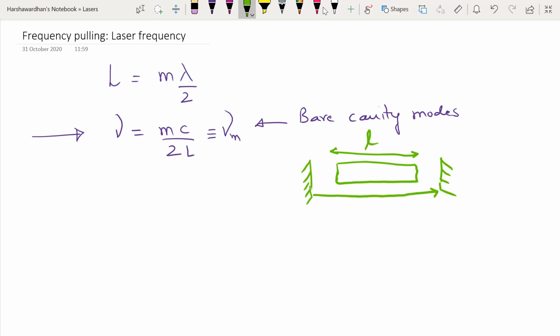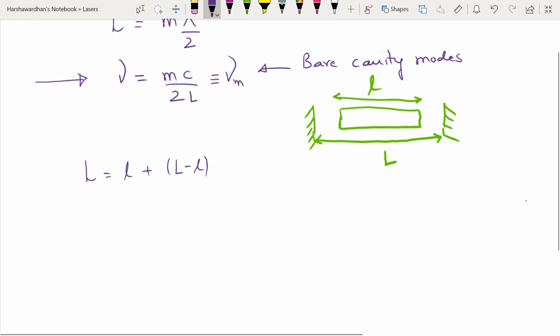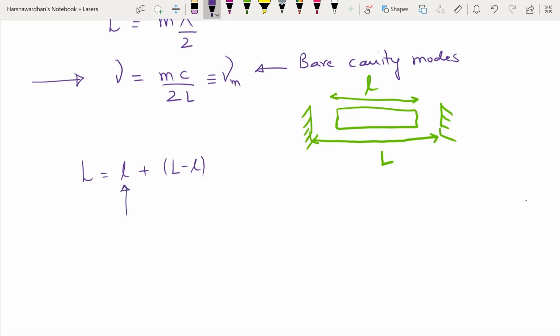And the cavity length is capital L. Right. So you see that I can write down my capital L as small l plus L minus small l. So small l is the length occupied by the gain medium, whereas capital L minus small l is the length which is occupied outside the gain medium.